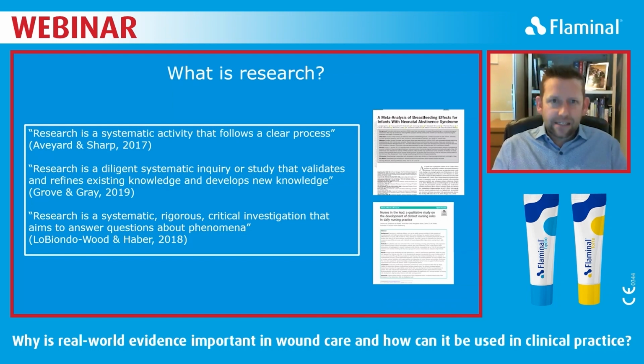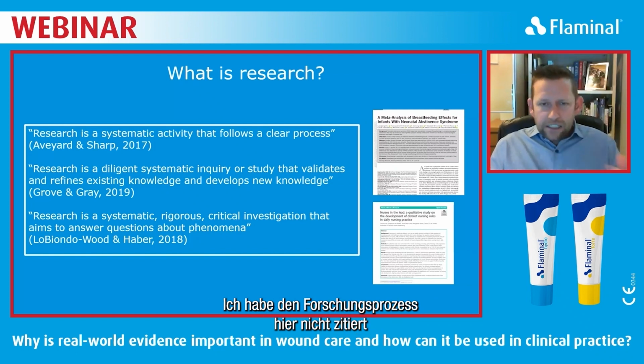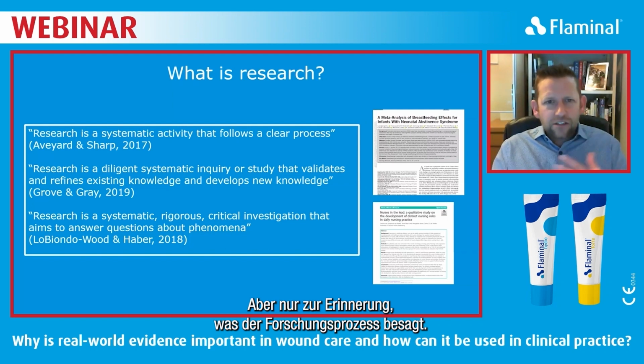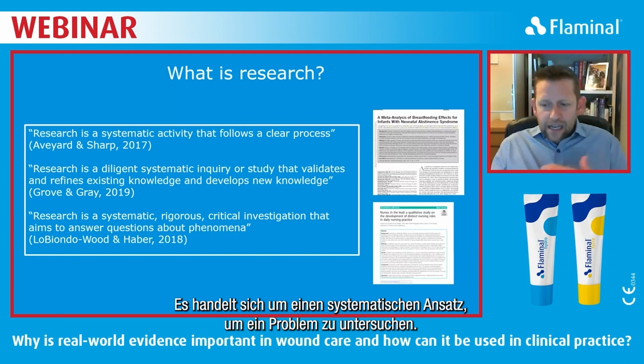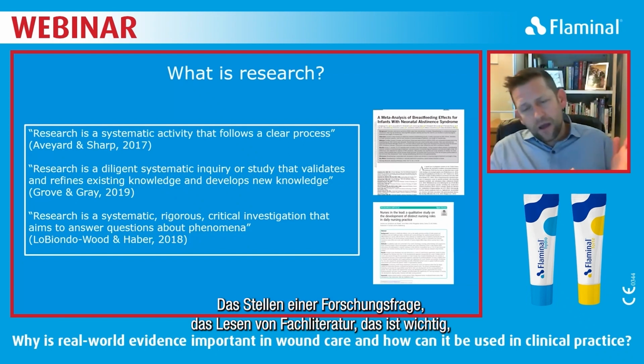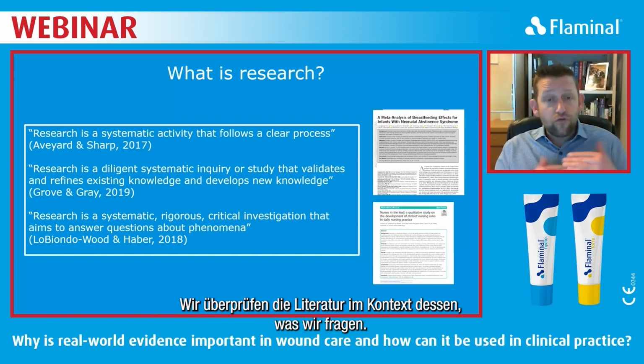It's systematic. What do we mean by it's systematic? It follows the research process. So I've not cited the research process within here, but just as a reminder of what the research process is, it's a systematic approach to investigating a problem. And asking a research question, reviewing literature, because that's really important that we review literature in the context of what we're asking.